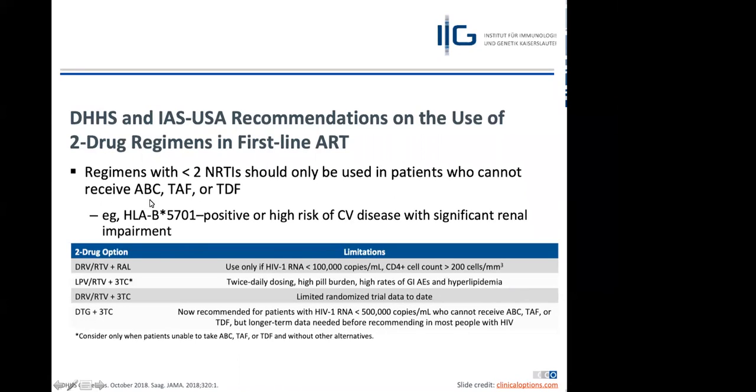It's like if you cannot use NRTIs, if you are not able to test for HLA-B*5701, and you do see that the viral load might be important for some of these, but for others, with dolutegravir and 3TC, the viral load might be below 500,000.